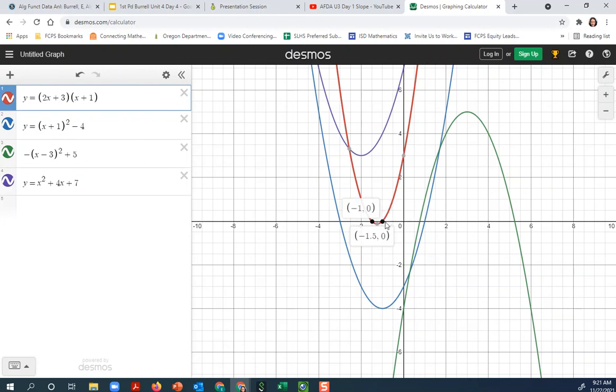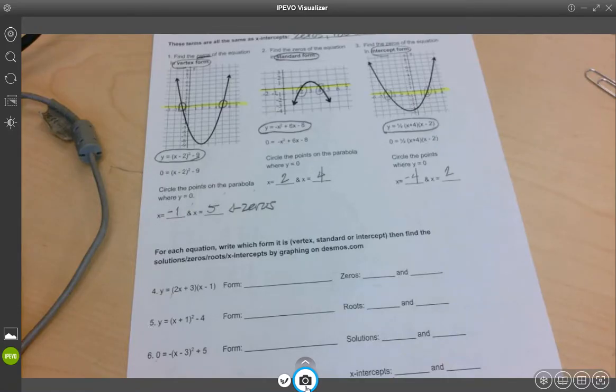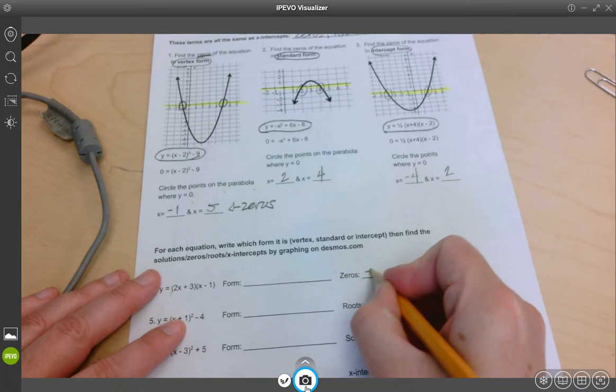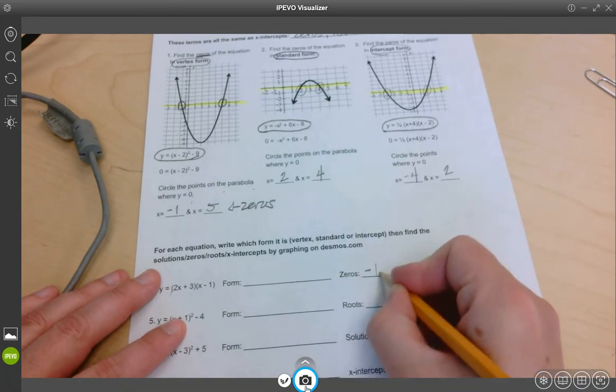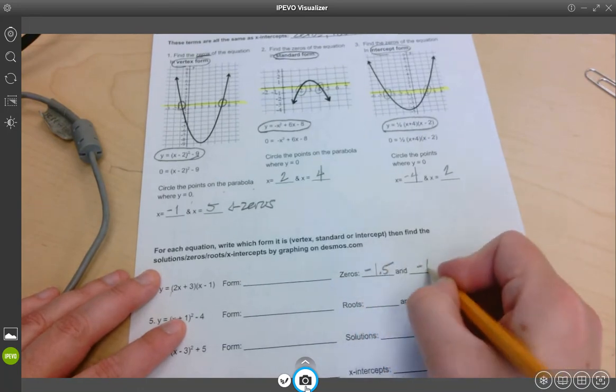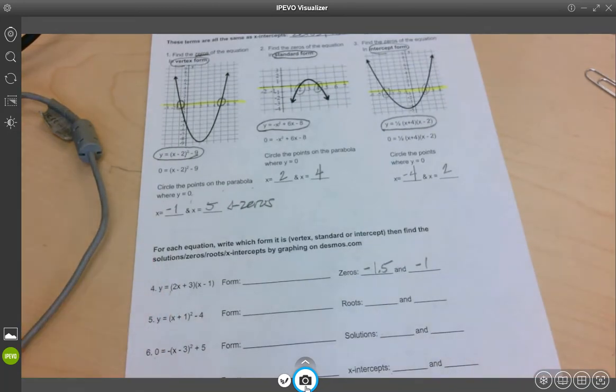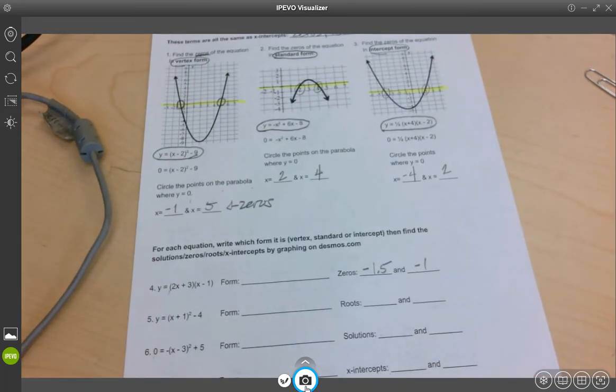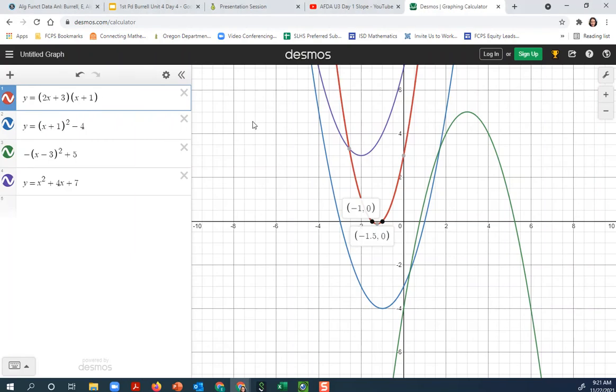All right, so we're looking to see where the x-intercepts are. The x-intercepts are also the zeros and the roots. So I'm going to do these first, and then we'll do the forms, okay? All right, the next one is in blue. So in blue, you can see we've got -3 and we've got 1.